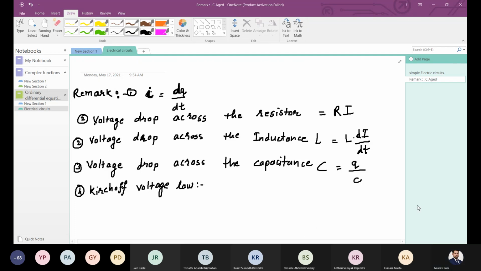So Kirchhoff's law for voltage states that voltage drop across any closed circuit is always equal to the resultant electromotive force. This law plays a major role in forming the differential equation.